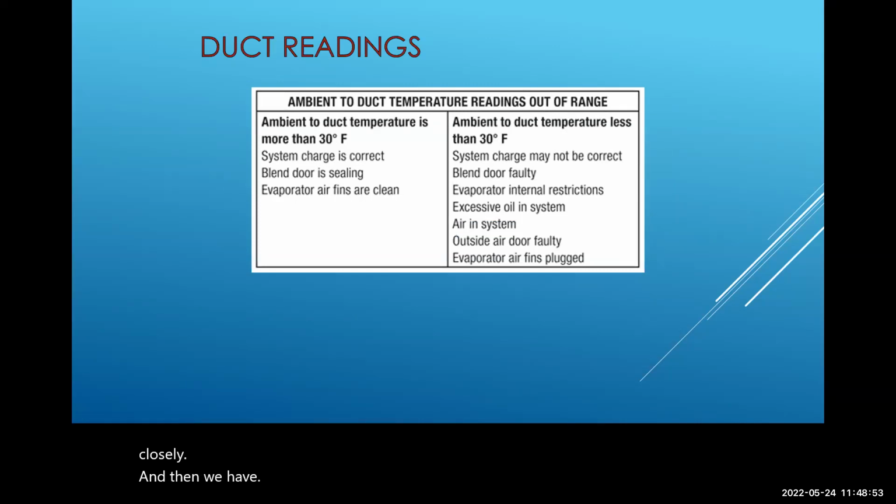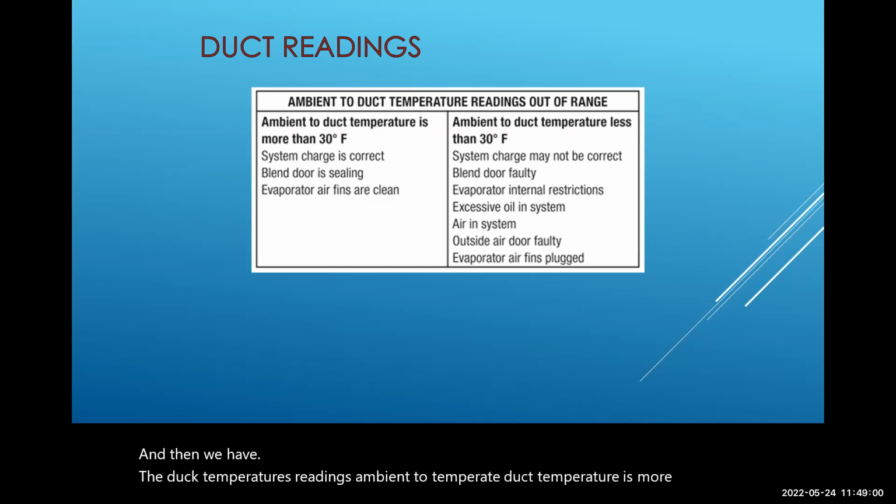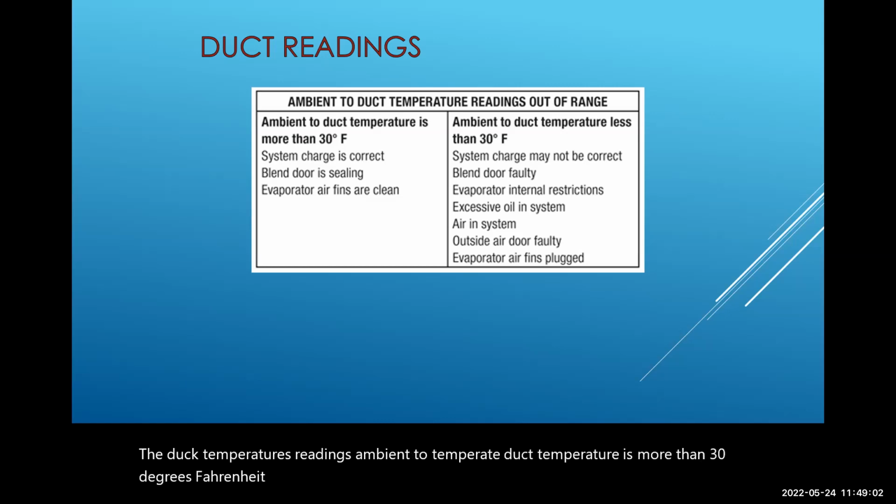And then we have the duct temperature readings. If ambient to duct temperature is more than 30 degrees Fahrenheit, the system charge is correct, the blend door is sealing, and the evaporator fins are clean.